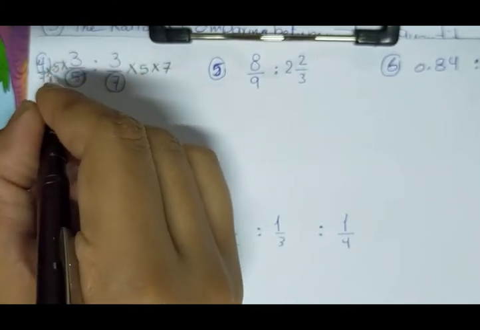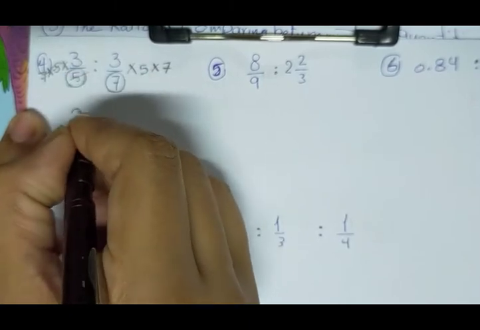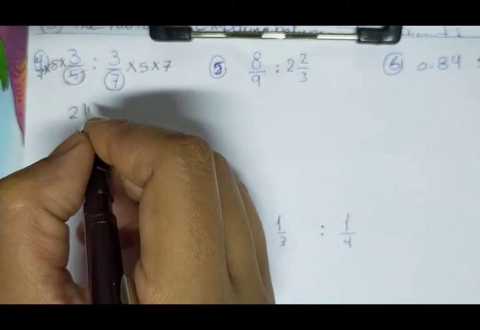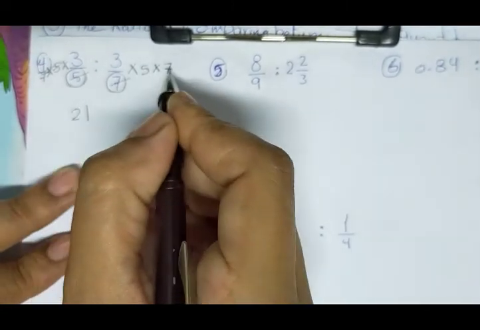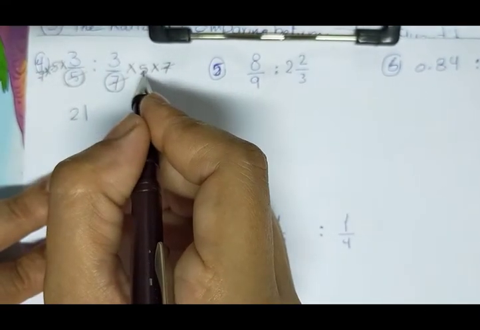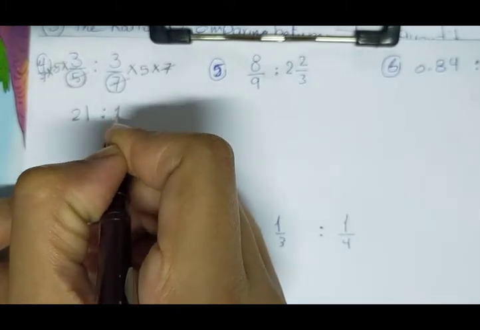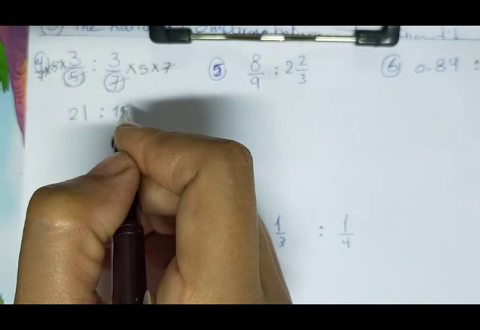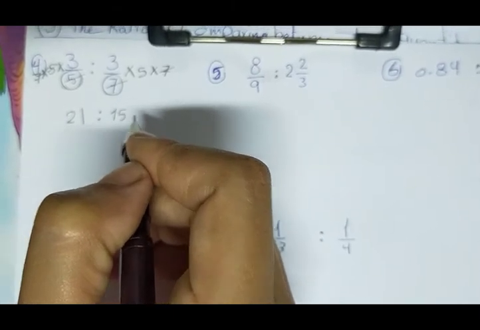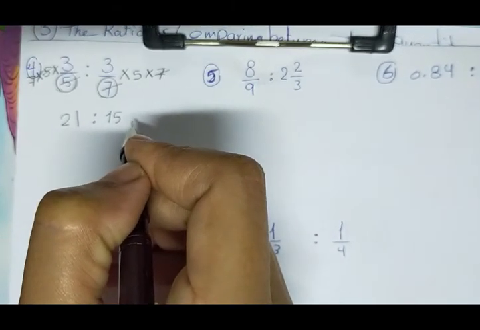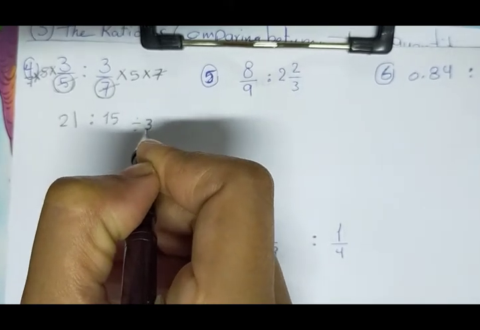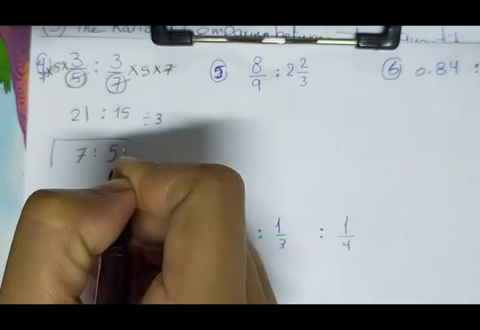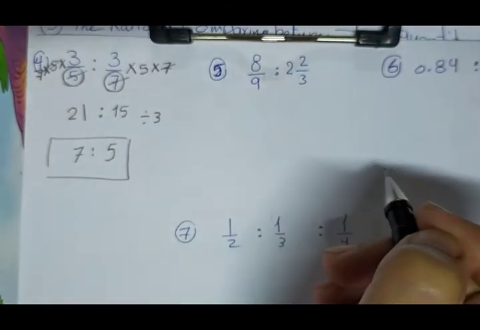Cancel 5 with 5. 7 times 3, 21. Cancel 7 with 7. 3 times 5, 15. Can simplify by divide 3. By divide 3, 7. By divide 3, 5. So the simplest form is 7 to 5.